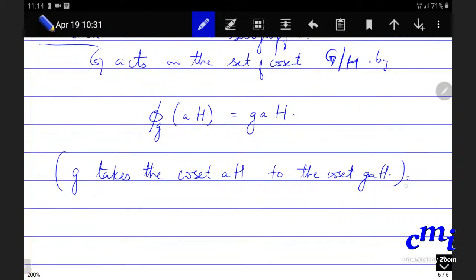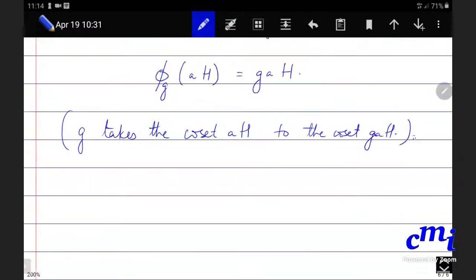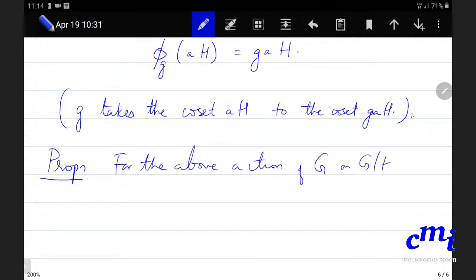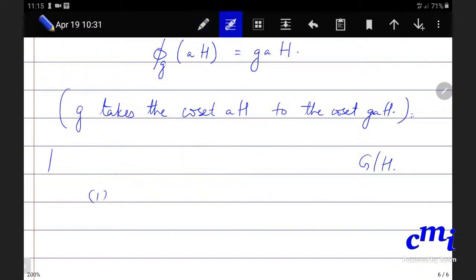Let us look at this before we make the definition.